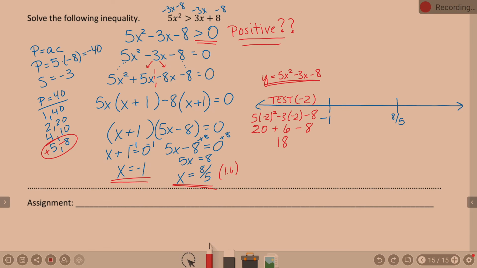I don't know, something like that. In all honesty, I don't care if I got the 18 right as long as I know that it is positive.